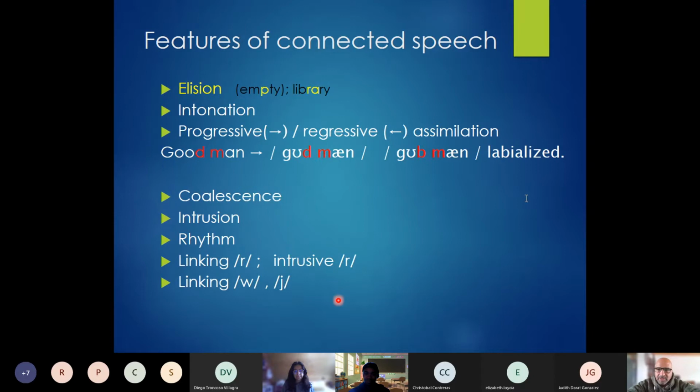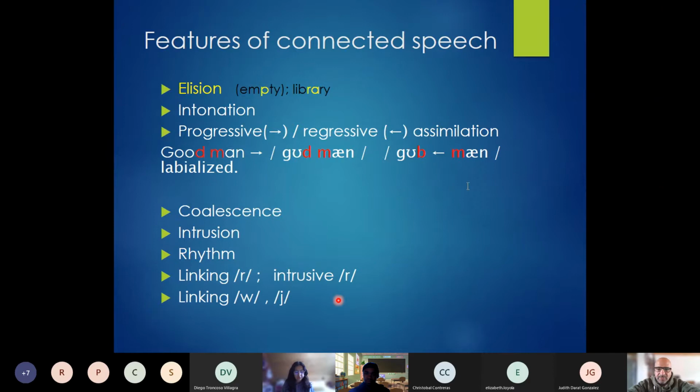I think it goes backwards, right? I'm trying to place an arrow because it goes from right to left, going backwards, right? That way. Okay, good.